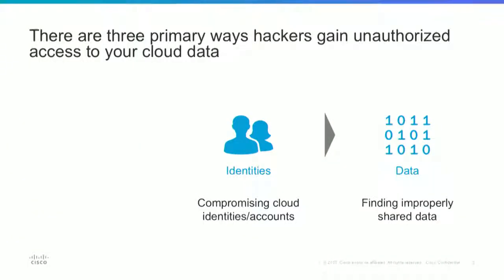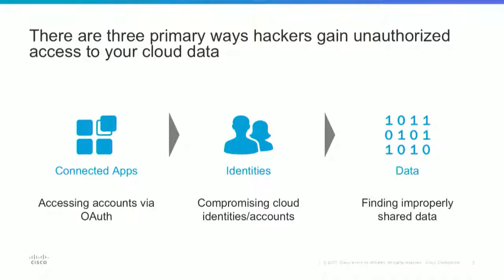The other thing that happens is where cloud identities and accounts get compromised, and this is quite often overlooked. The most common now is around connected apps. Using something called OAuth, you can actually provide one of these third-party apps with all of your corporate credentials, accounts and accesses, unbeknownst to your security or IT people.